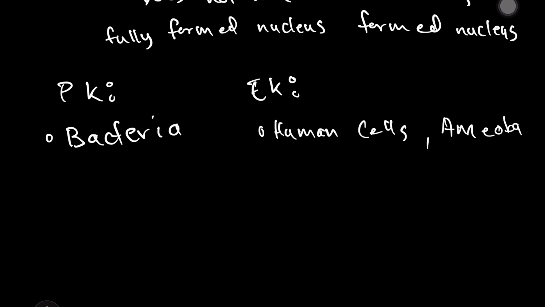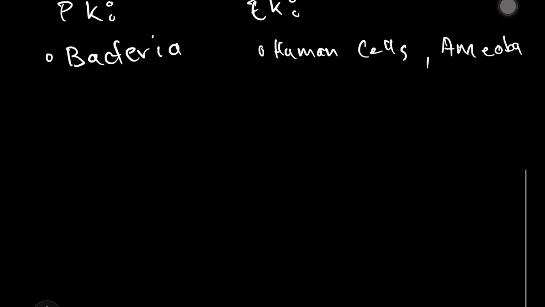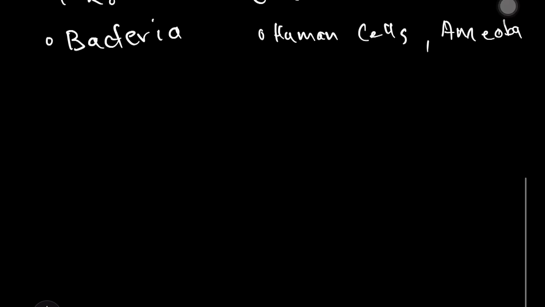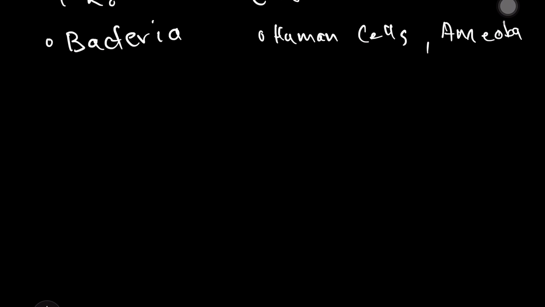Now that we've established the two types of cells, let's draw a diagram of both and just see what sort of organelles are present inside.